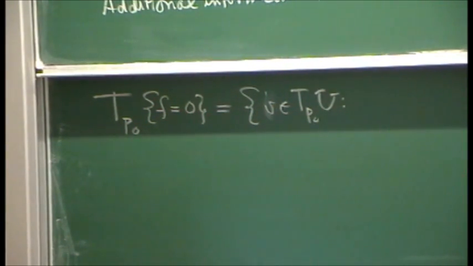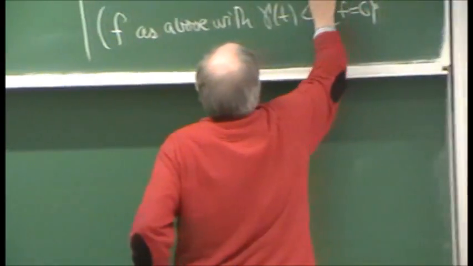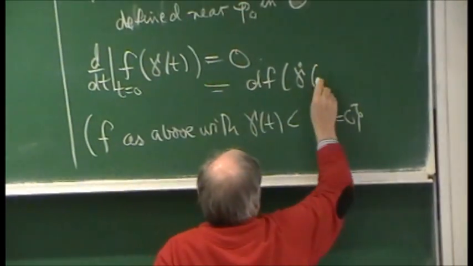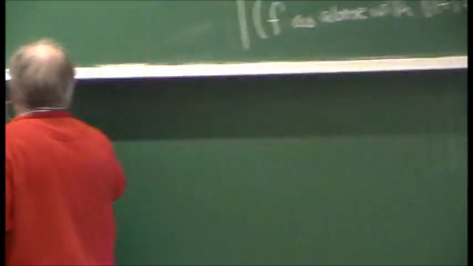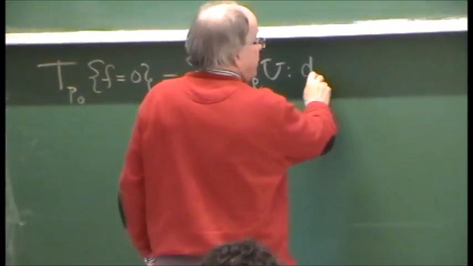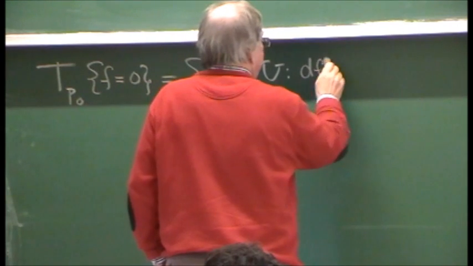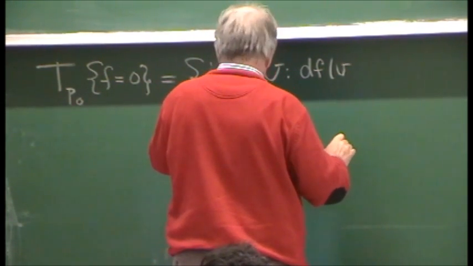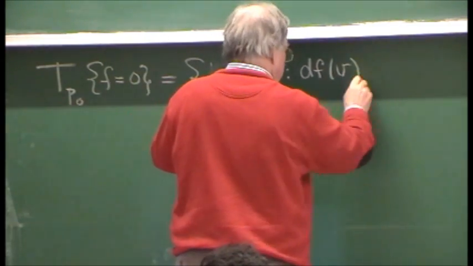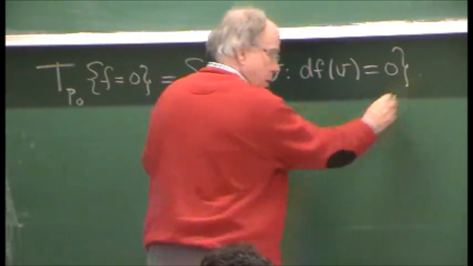Let's write this. This is df of the velocity vector. Check that what I'm writing here is correct: df of the velocity vector, and you can arrange for any vector to be a velocity vector you want, is equal to 0.